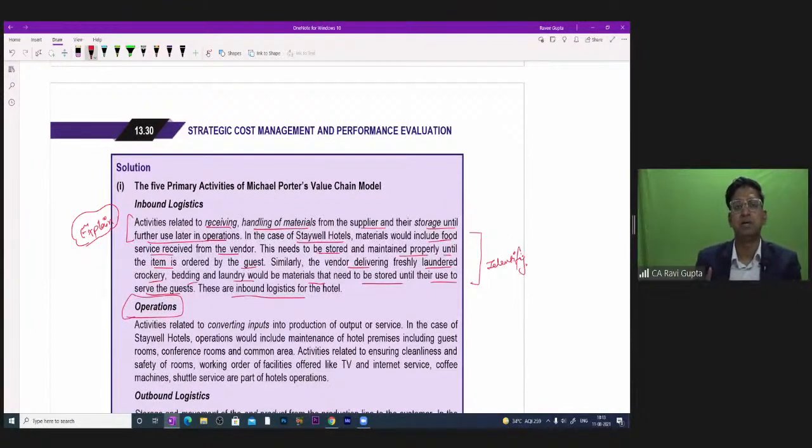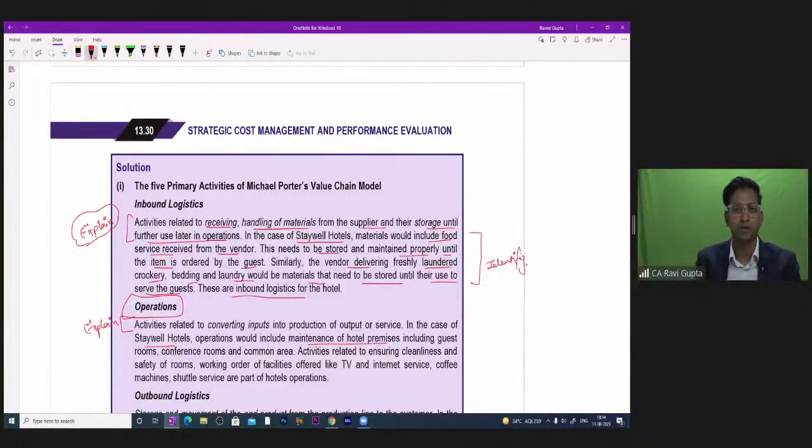Operations means converting the input to the output. Okay, so this is explained. And in the case of Stay Well Hotels, operations would include maintenance of hotel premises. That is, because here we are not converting any input to the output.